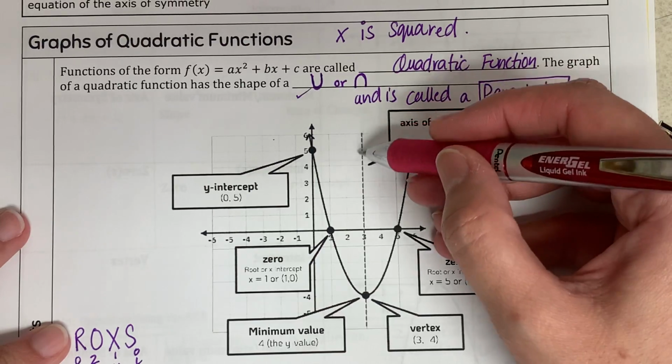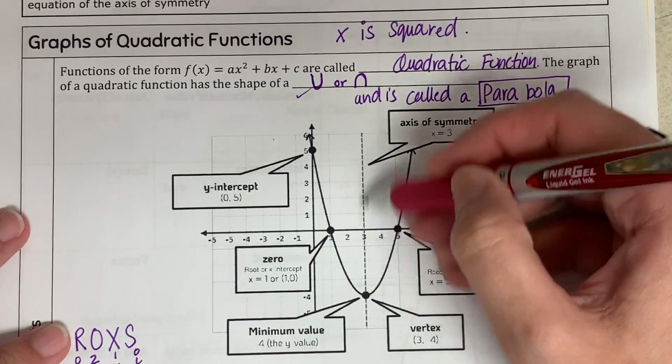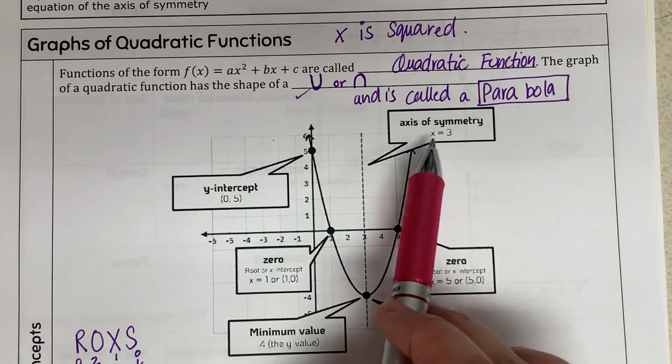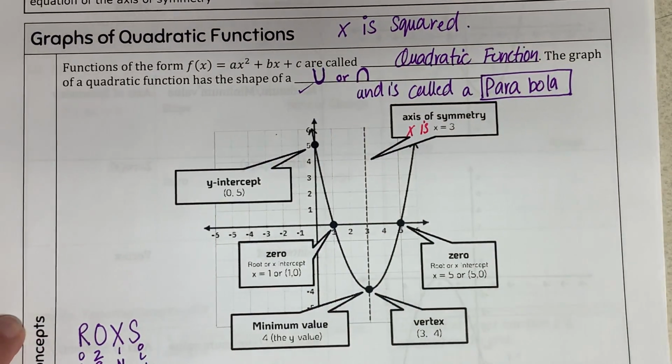So in this graph, the middle line was x equals 3, because this line is cutting the parabola, or this graph, into 2 equal halves. So x is, x is. That's the way you can memorize.